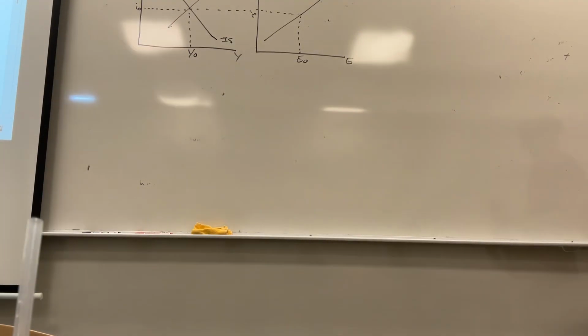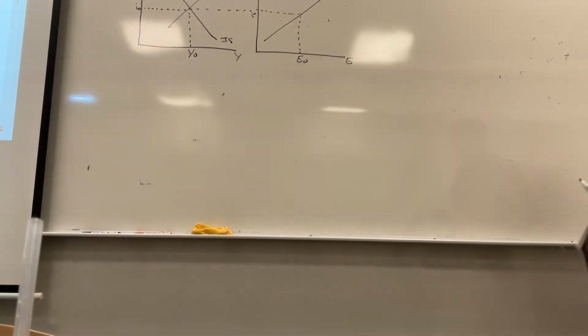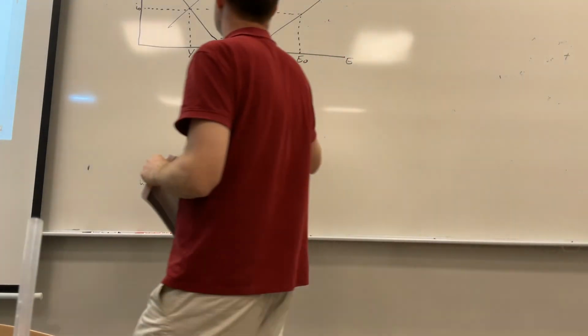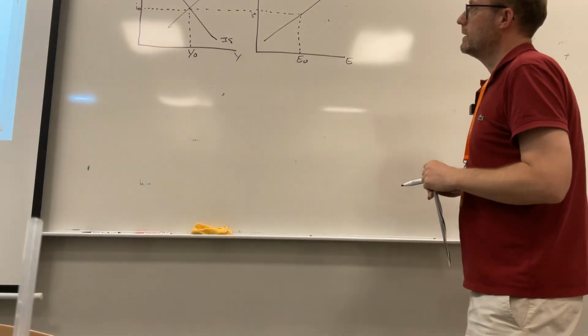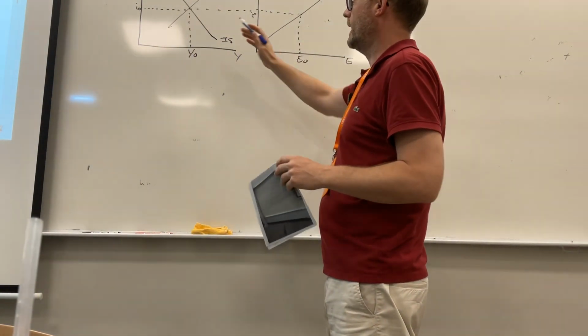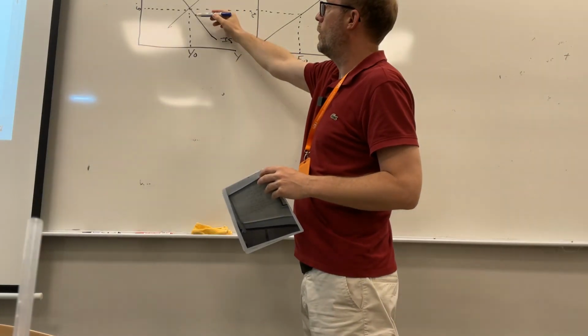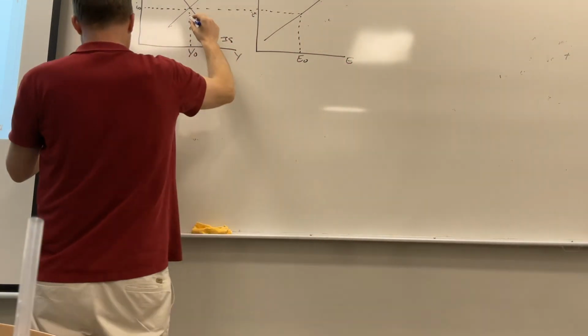And is it going to be moving to the left or to the right? To the right, exactly. The reason that we can say it's to the right is that, with everything else being constant, including output, this means we'd be lowering the nominal interest rate. That's expansionary monetary policy.